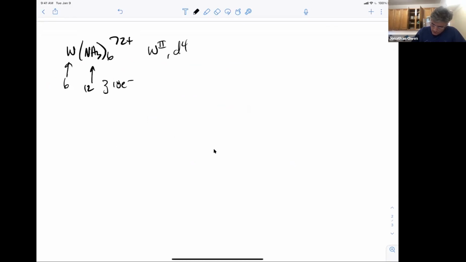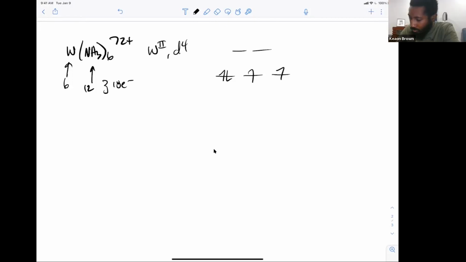Let's write out 1, 2, 3, 4, 5. And we've got 4 d electrons here in the diagram in the low spin case. Let's label these. These are the sigma star orbitals.